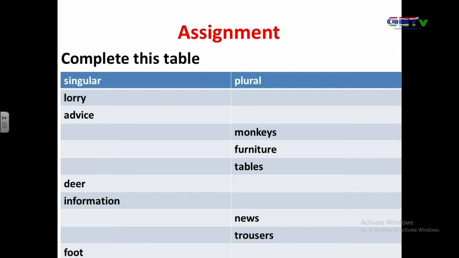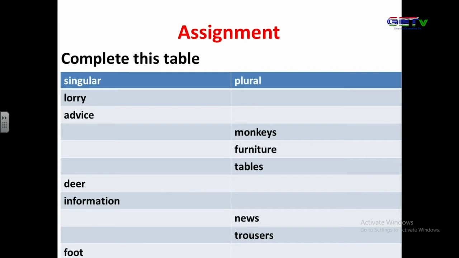So here are the words: lorry, advice. The two words are in singular form. Give their plural forms. So you also have monkeys, furniture, and tables. These words are in plural forms. Give their singular form. You have words like dear, information.